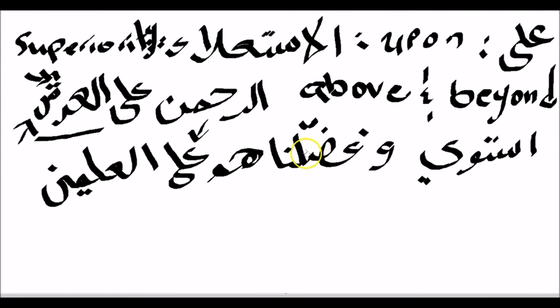It means, and we favored them. Dammah means we, faddal means favor, them is whom. وَفَضَّلْنَاهُمْ, we favored them, عَلَى, above, al-alameen, all of the nations, all of the world. We favored them, عَلَى al-alameen.